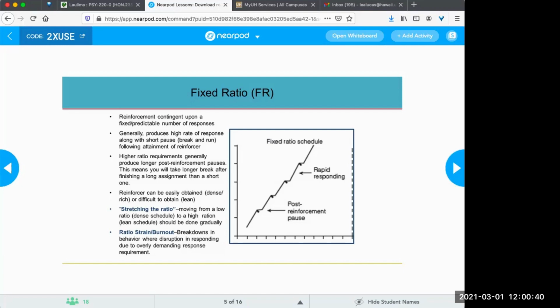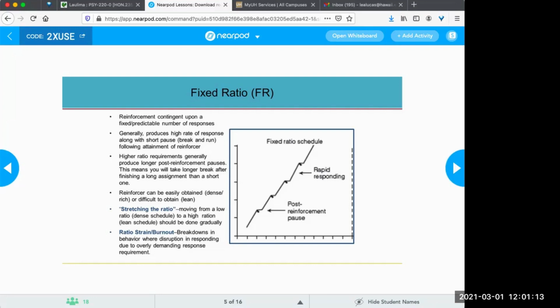R stands for ratio, and I stands for interval. Ratio always means that you're going to respond or do something. So whatever is in front of ratio, it's going to be a fixed number of responses or a variable number of responses. And then with interval, we're referring to time, the passage of time: seconds, minutes, hours.